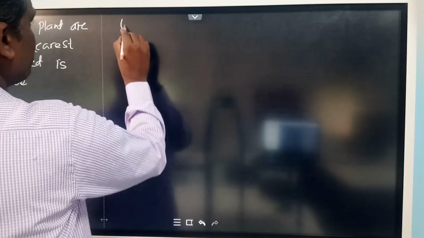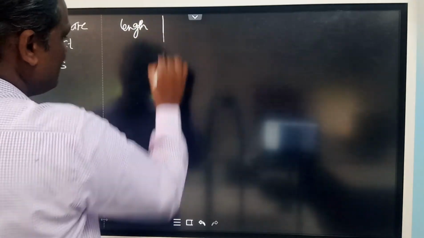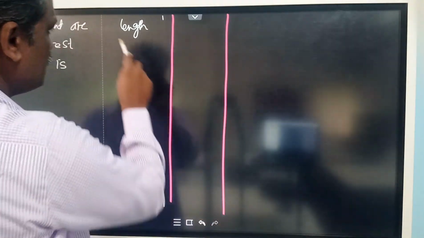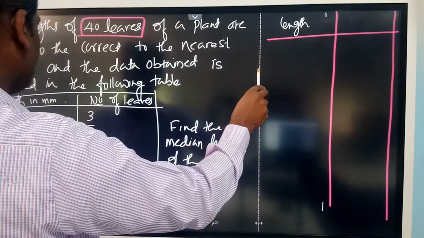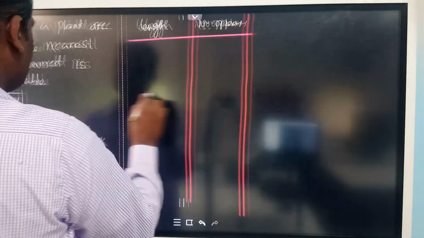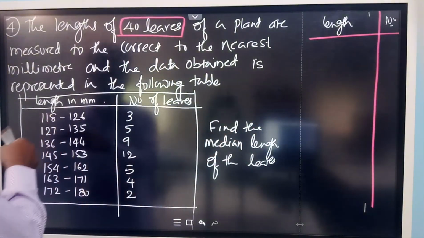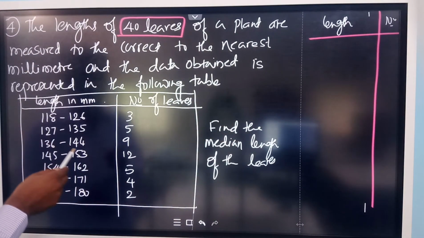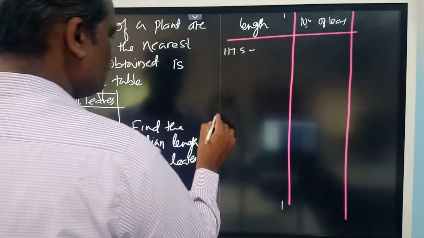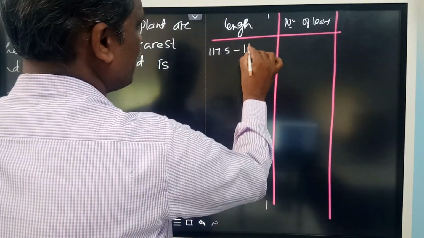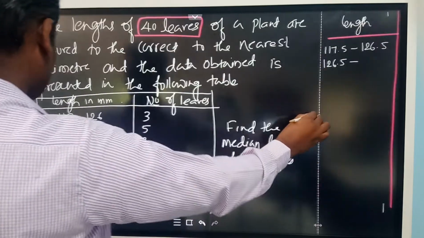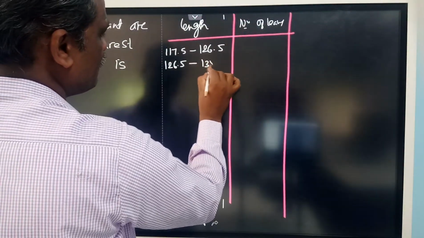So length of leaves in one column, and in another column let us take the frequency, number of leaves. So here we'll change this 118. I told you we have to make it continuous, means take 0.5 less than this. So 117.5 to 126.5. Then 126.5 to the next class, that is 135.5.